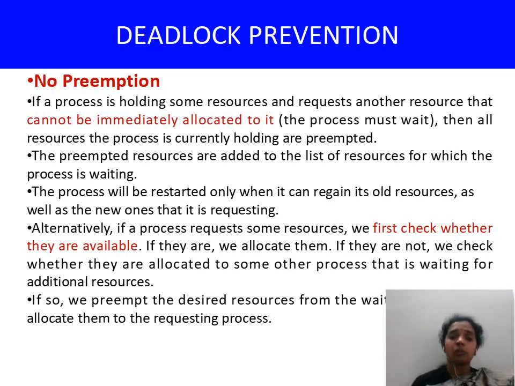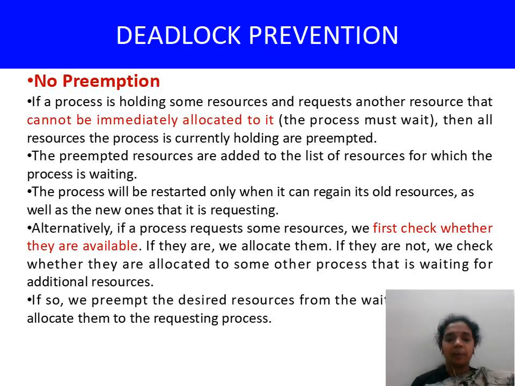When it is possible, there are two different approaches. In the first approach, if a process is forced to wait when requesting a new resource, then all other resources previously held by the process are implicitly released.